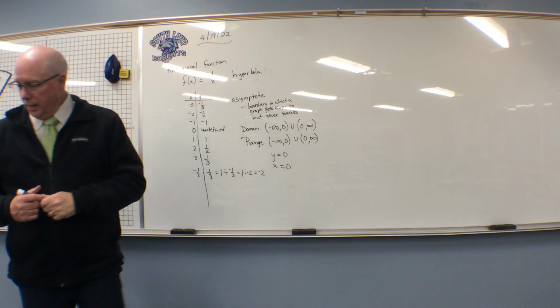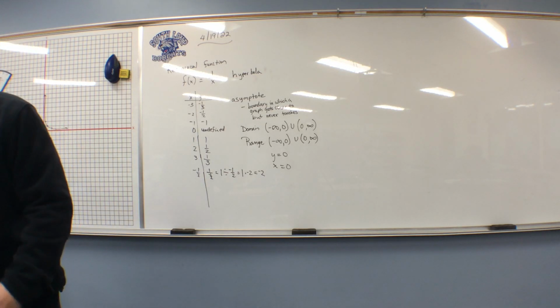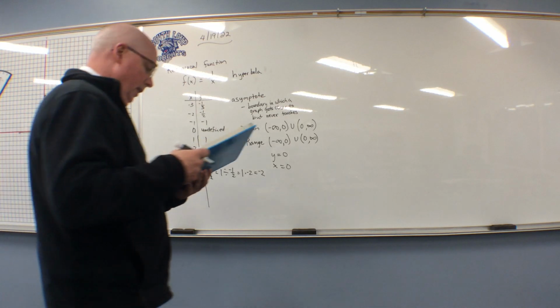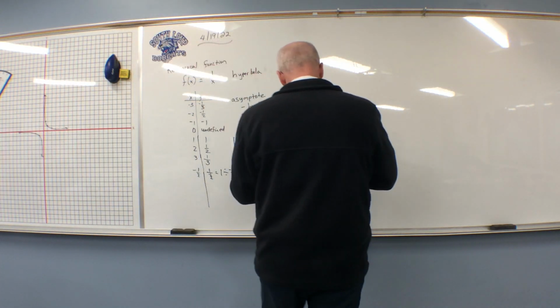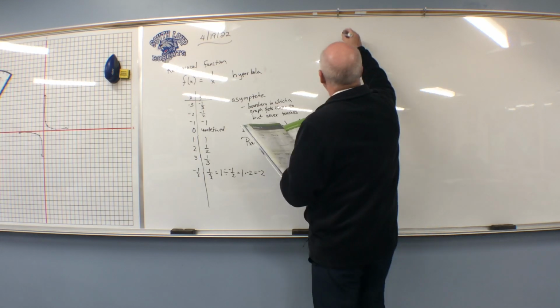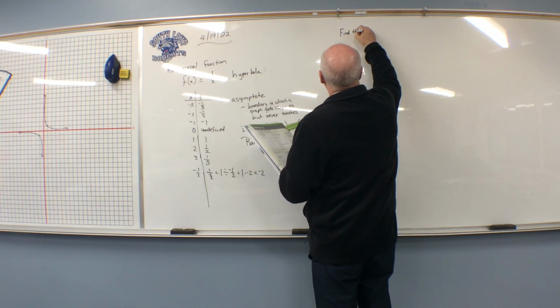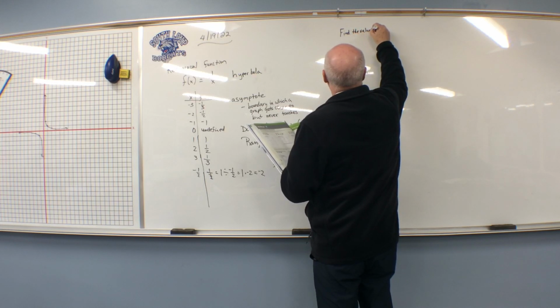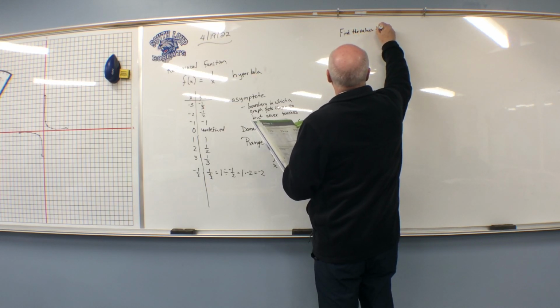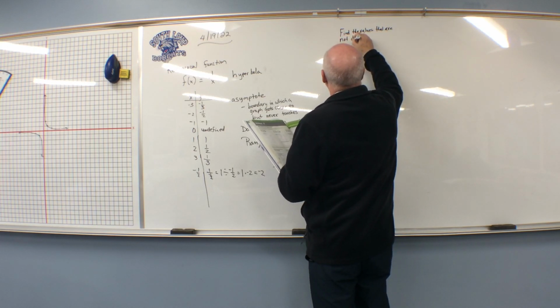Okay, so let's take a look at page 483, example 1. It says, determine the value for which f of x equals 3 over 2x plus 5 is not defined. So we want to find the values that are not defined.